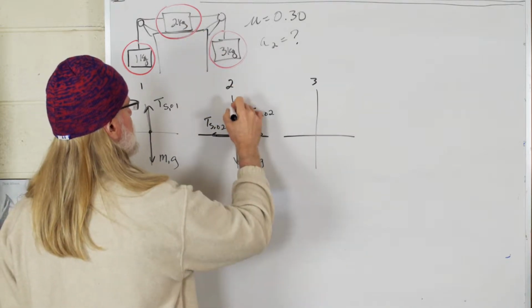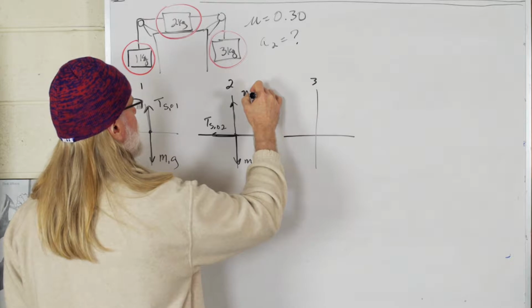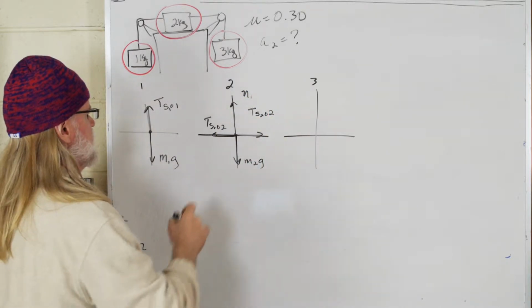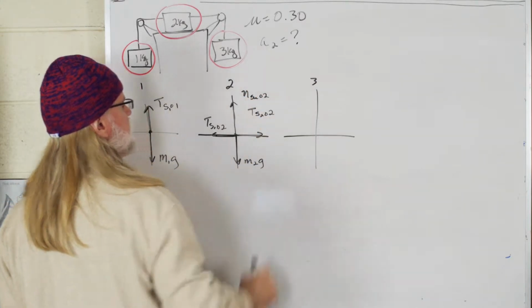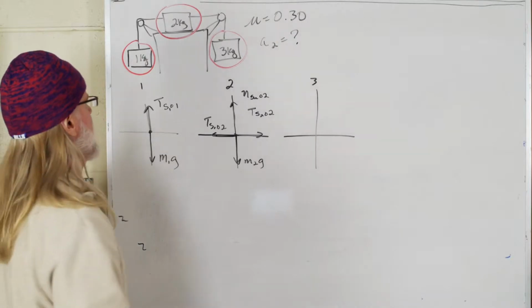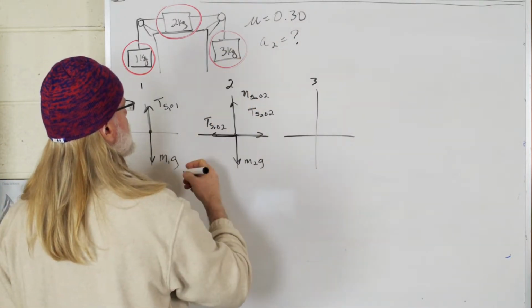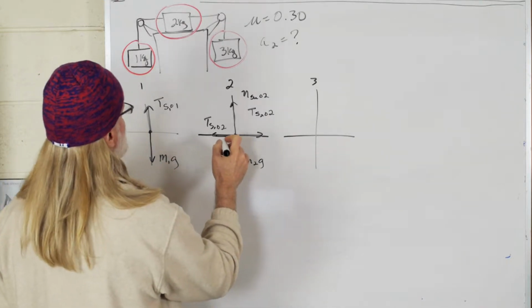and upward we have the normal force. Normal force of, I'll just call it normal force, surface on 2, upward. We have the coefficient of friction between surface and 2. Over there we also have friction.